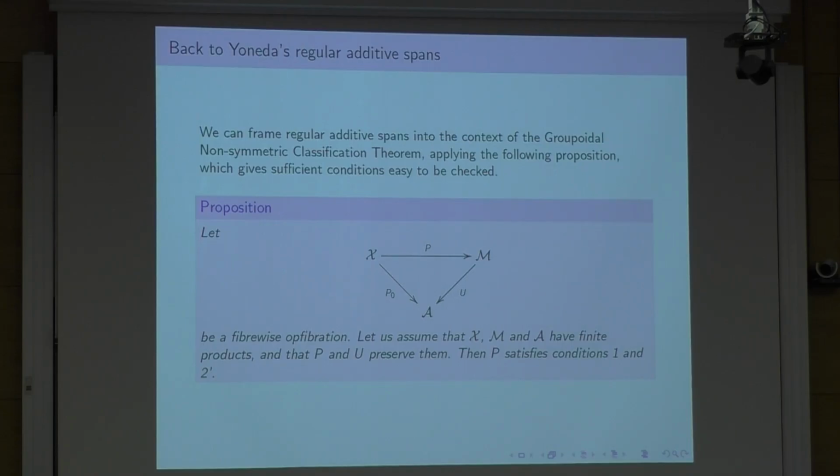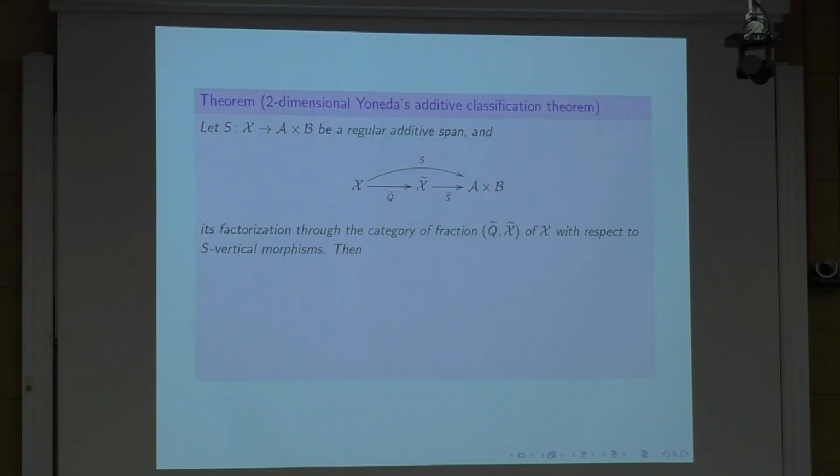And it's very easy, of course, to show that a regular additive span, since it is made of additive functors between additive categories, preserves finite products. And then you can apply our main theorem to the case of regular additive spans. We factorize this regular additive span through the category of fractions of X with respect to the S vertical morphisms.